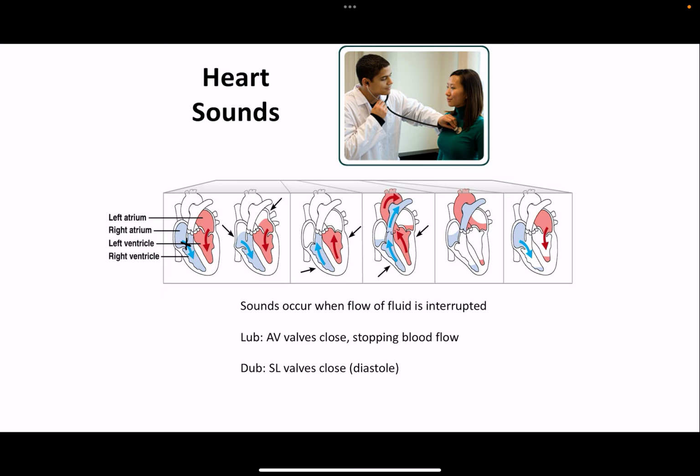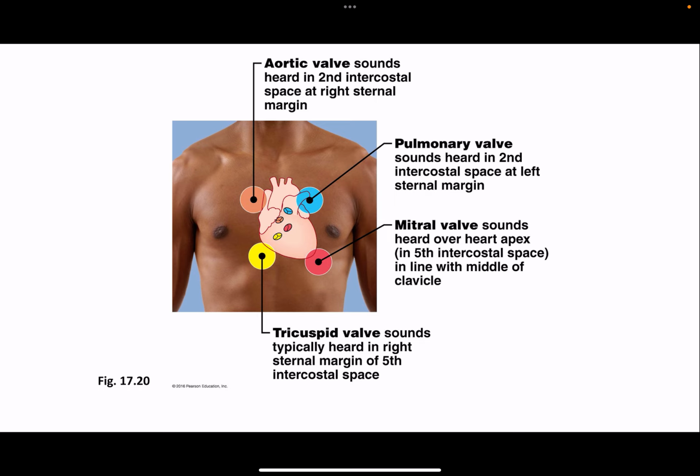So there is a way to listen for all 4 valves. When you go to the doctor's office and they listen for your heartbeat and move around your back, they're listening to all 4 valve sounds. I couldn't do it, but your doctors know how to do it.